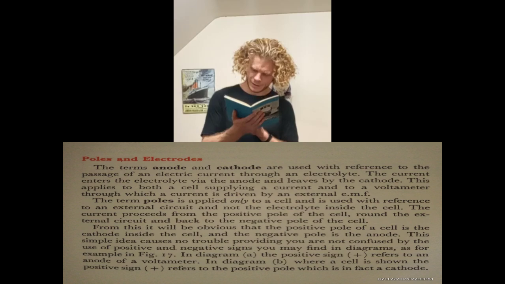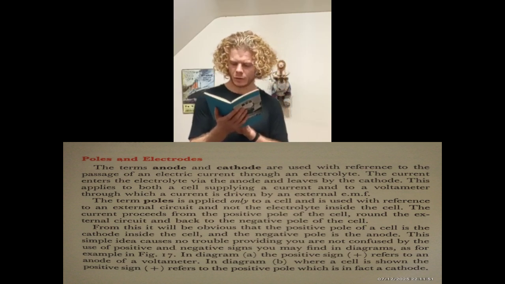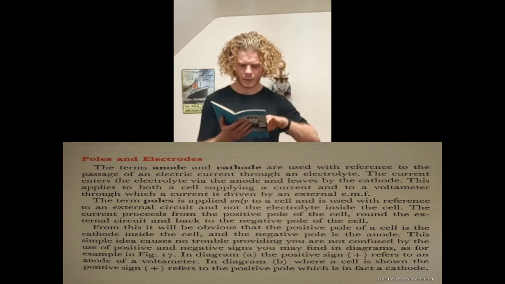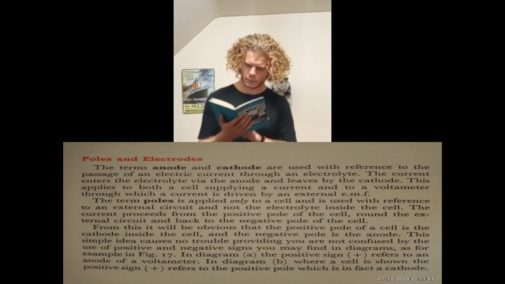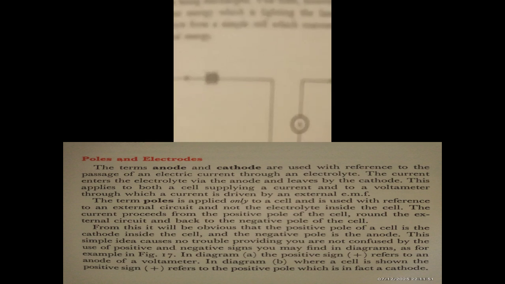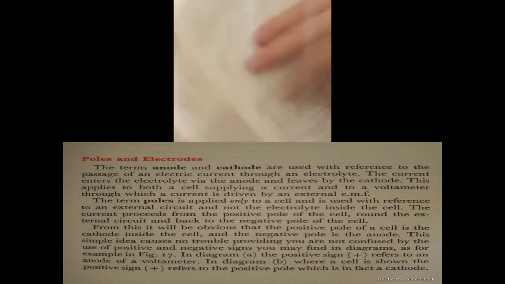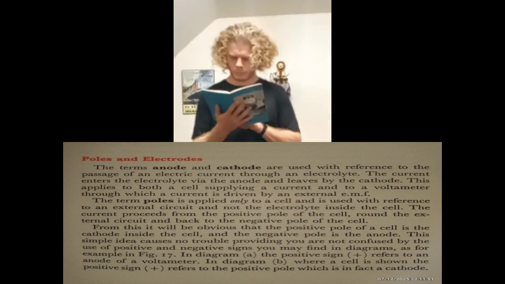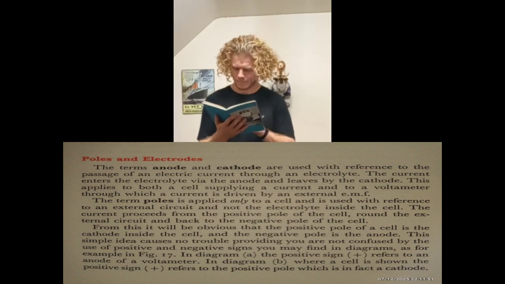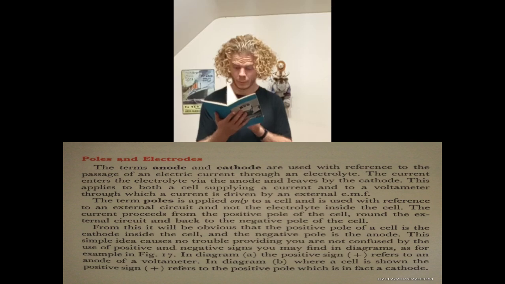This simple idea causes no trouble providing you are not confused by the use of positive and negative signs you may find in diagrams, as for example in figure 17. In diagram A, the positive sign plus refers to an anode of a voltmeter.